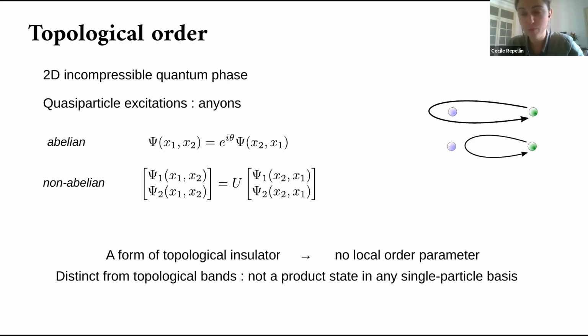And one way to think about it is in terms of entanglement. If you have a state with topological order, there's no way to write it down as a product state in any single particle basis, which you could do if you had a topological band. For a full band, for example, you can write down a Slater determinant of Bloch states.